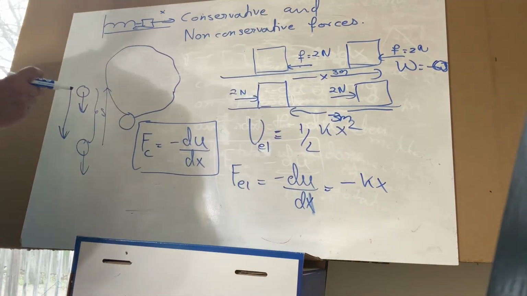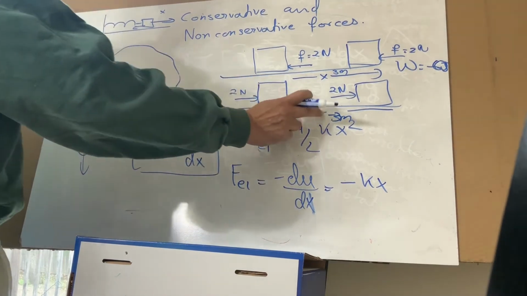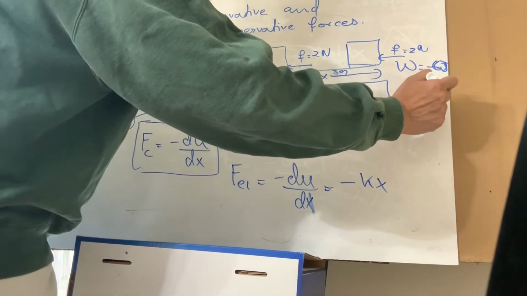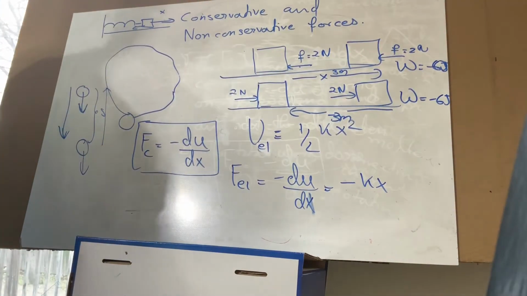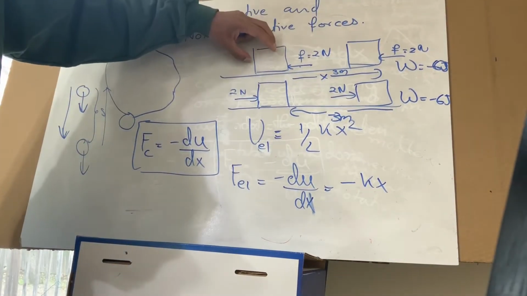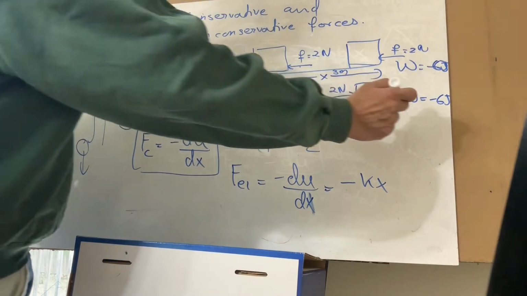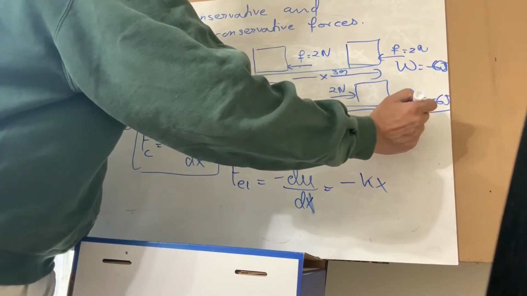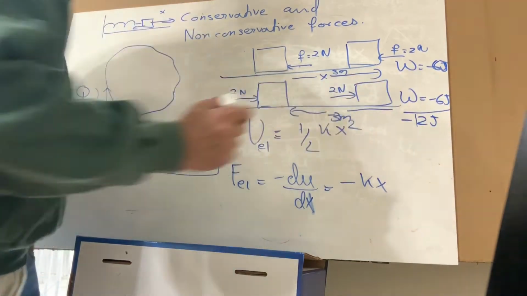So what is the work done? It is 2 newtons times minus 3 meters, which is minus 6 joules. So in bringing it back to its original position, what is the total work done? The total work is minus 6 minus 6, which is minus 12 joules.